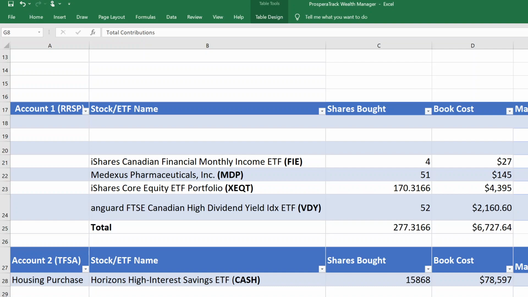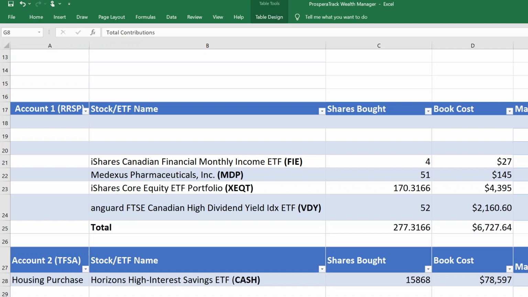One of the really major selling points for me in terms of why I'm investing in this particular product is that it simplifies investing for somebody that's new to investing and somebody that just wants a hands-off approach to investments.